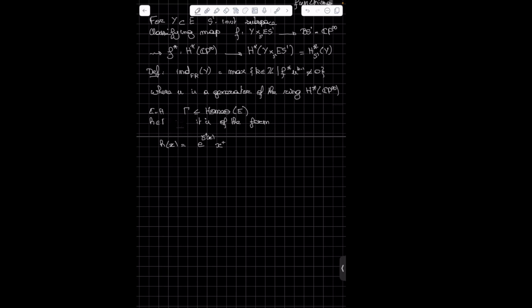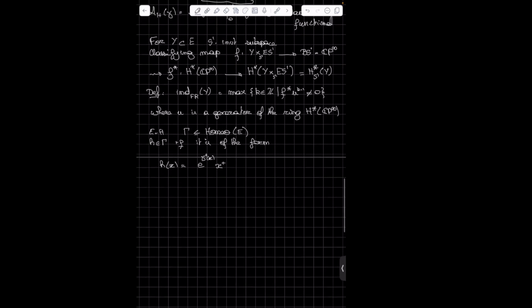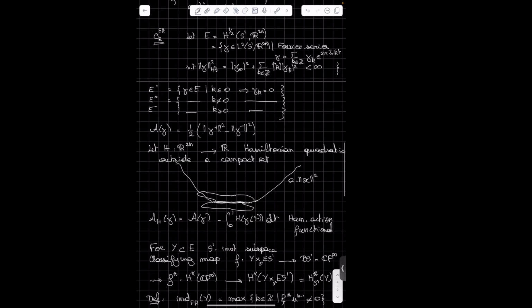When I say X plus, I mean the projection on this E plus part of E. If you recall, there's an orthogonal decomposition in 3 spaces where the Fourier series have only positive, negative, or 0 frequencies.